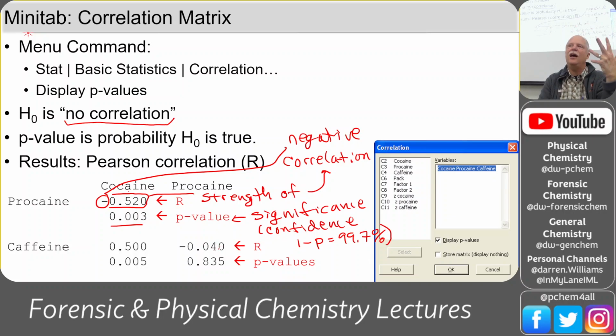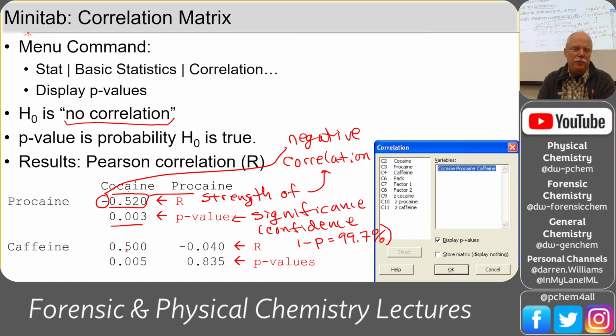So the only reason it's non-zero is statistical uncertainty. So that number, that weak correlation, you can't depend on. There's an 83% chance that it's actually zero. What's your confidence? 1 minus that. So, 16.5% confident in that 0.04.